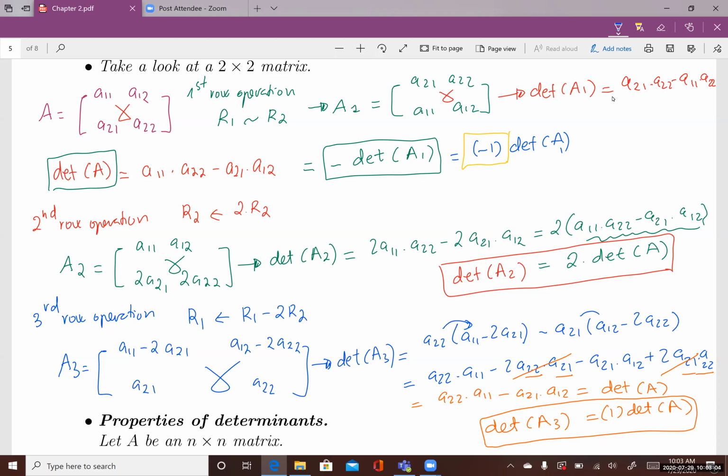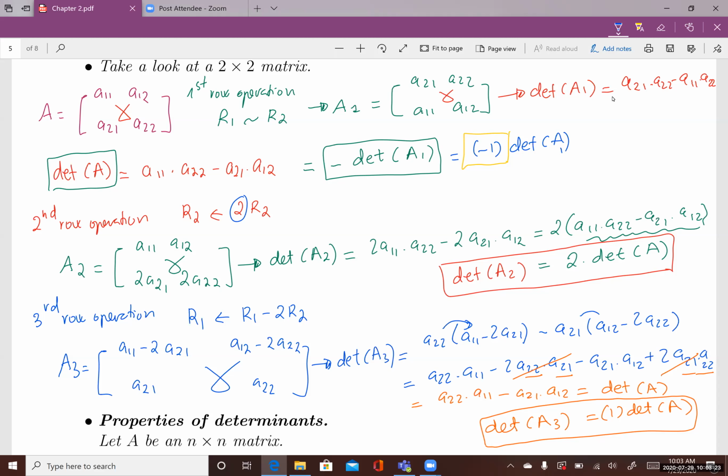And then if you use the second row operation, and you multiply a row by a non-zero constant, then the determinant of the new matrix equals the same constant multiplied by the determinant of the original matrix.